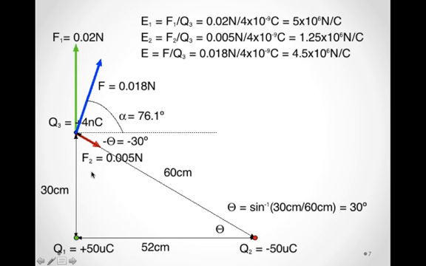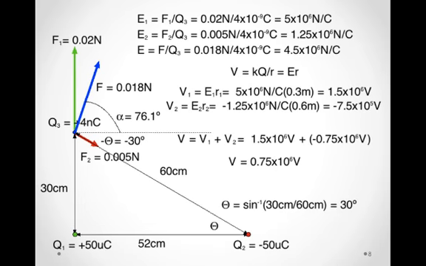So potential is our next challenge. And down here we're looking at the different potentials. Notice that we have these force vectors or electric field vectors, but potential is a scalar. It's not a vector.